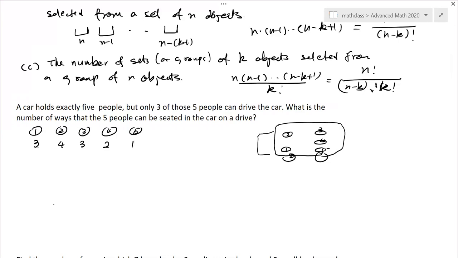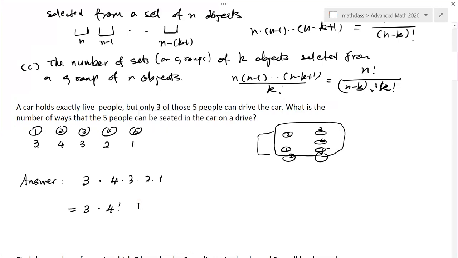So the answer is 3 times 4 times 3 times 2 times 1. You can multiply this out: 3 times 4 factorial.